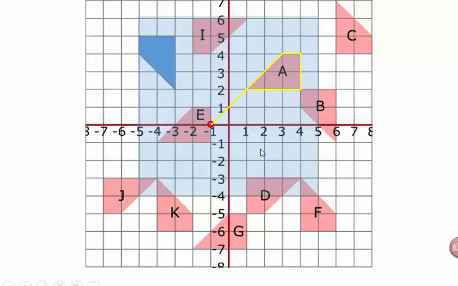Let's have a look. We'll rotate the tracing paper once, twice, 3 times, 4 times, 5 times, 6 times, 7 times, and 8 times, and it seems to fit perfectly, doesn't it?